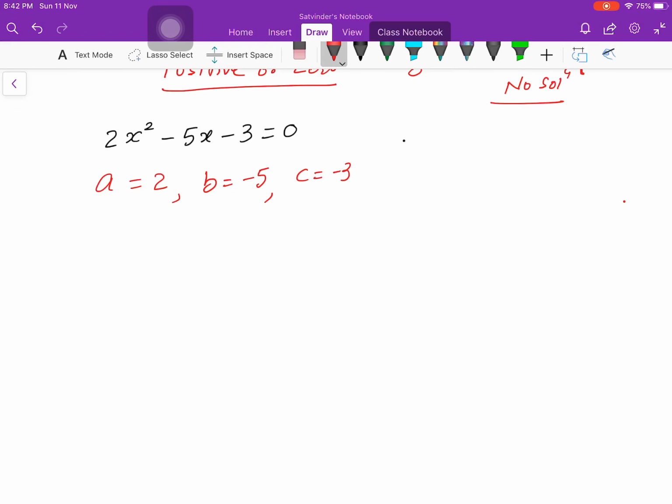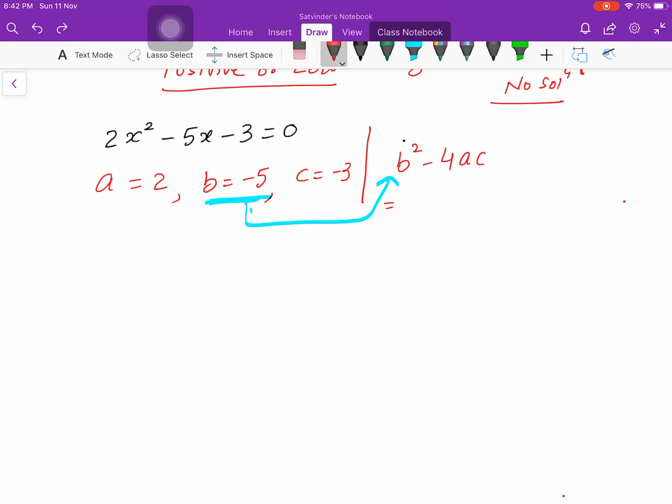Okay, so the next step, evaluate what b square minus 4ac is. Be careful when the values are negative. Make sure you are substituting these values correctly. First you have to use b here and then a and c respectively. So what is b?